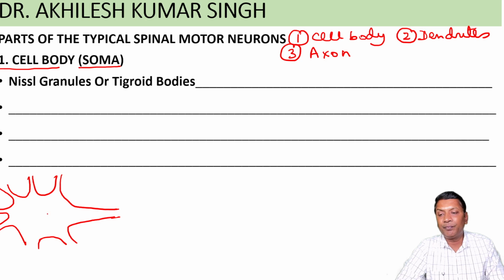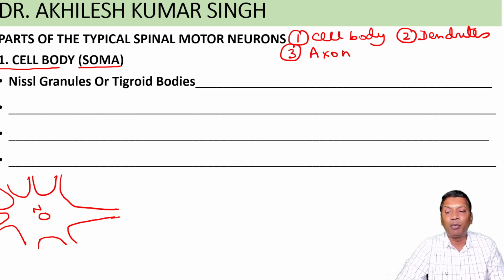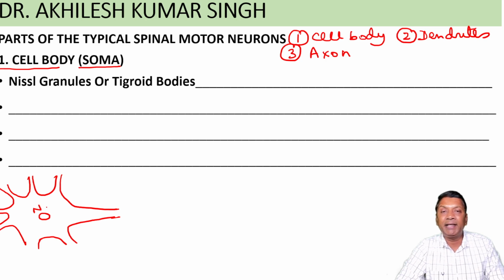So this is the structure of the cell body or the soma, and here N stands for nucleus. So this one is the nucleus of the cell body, and this structure is the cell body or the soma.